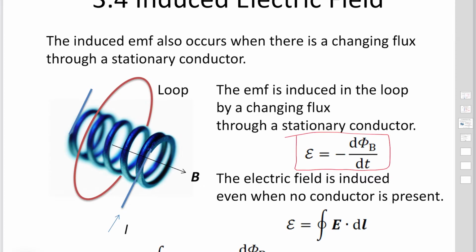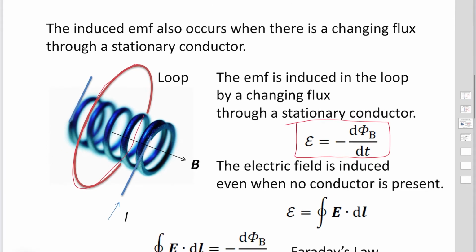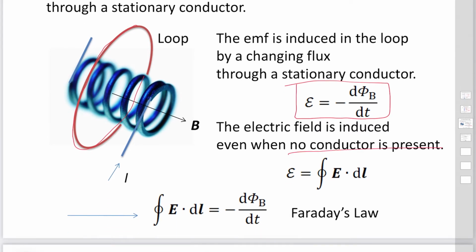In the first case, we considered the coil. But we could also consider this red loop. So no conductor is present. It is like the red loop in the figures. Taking the scalar product of the electric field, E dot dl, it becomes an induced EMF.